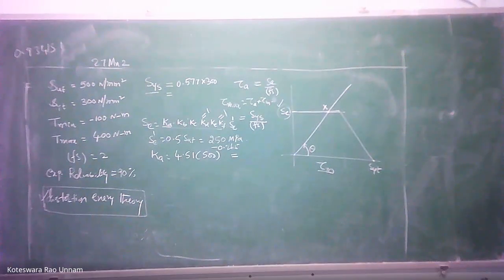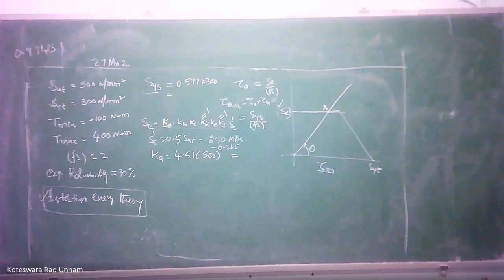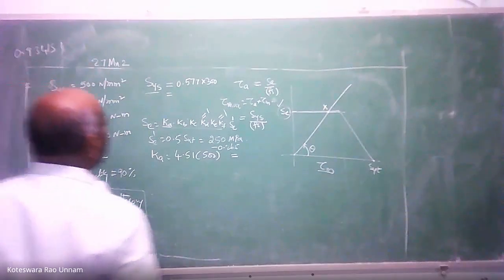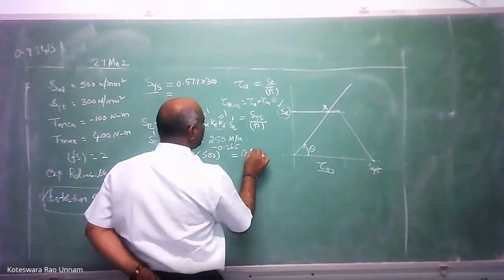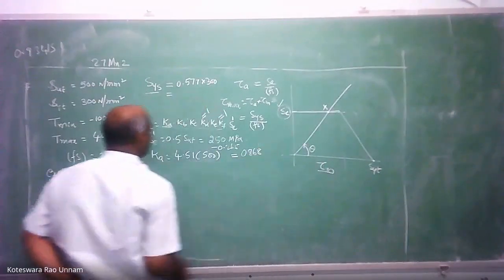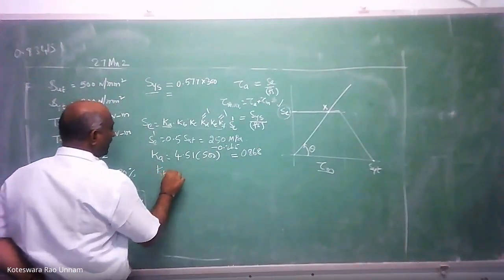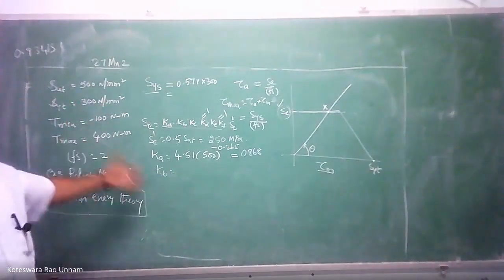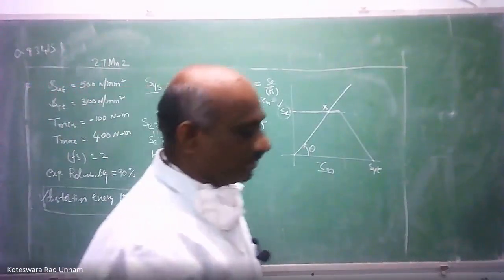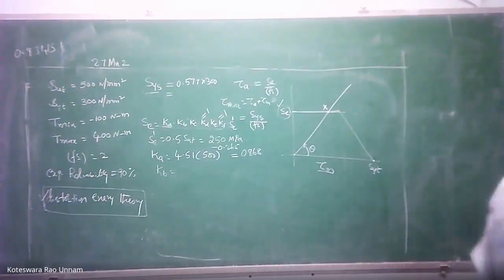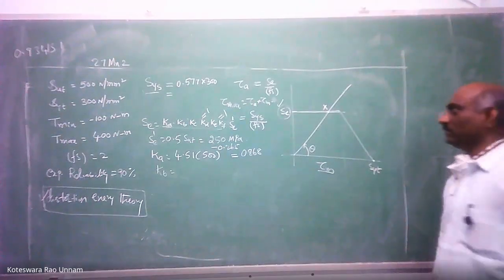Let me check my calculation also. 0.868, sir. Yes, 0.868. Then Kb, the size factor. Here we have to compute the diameter, but we don't know the size of the shaft.